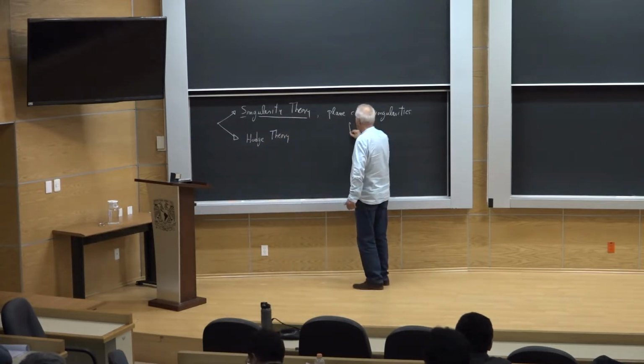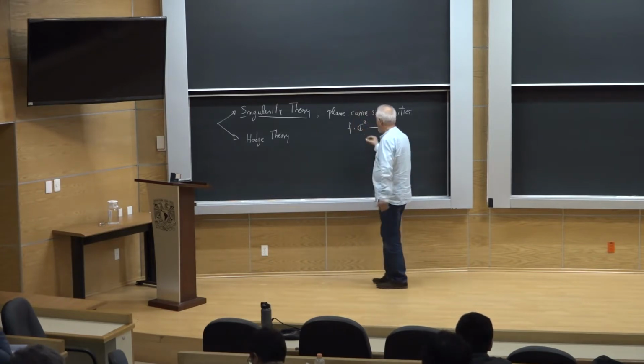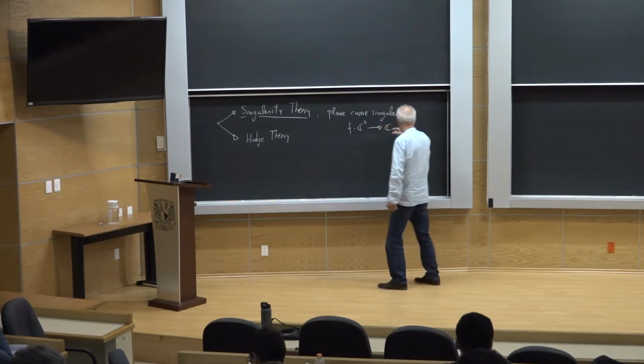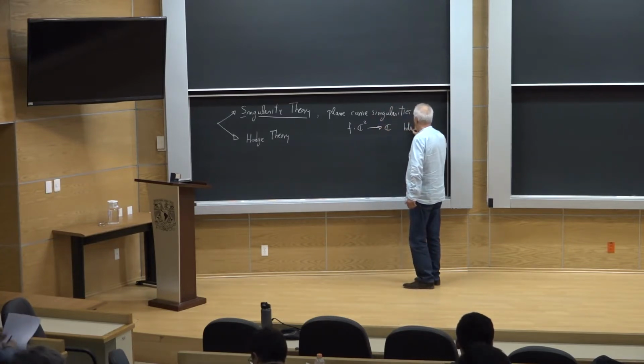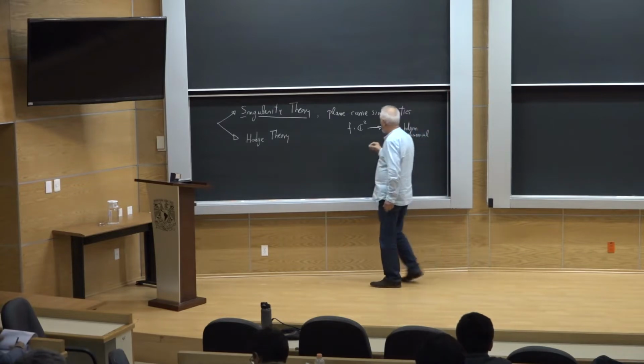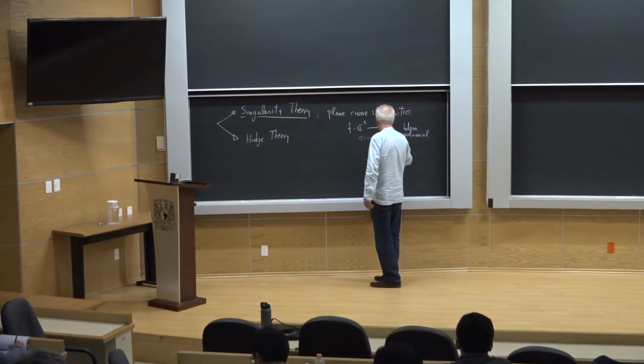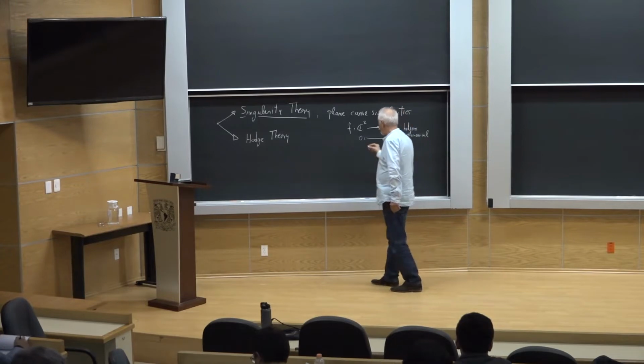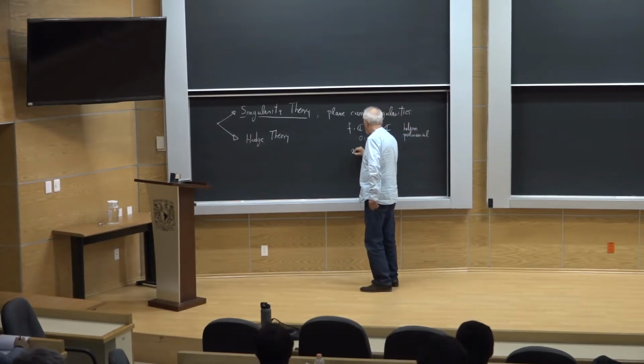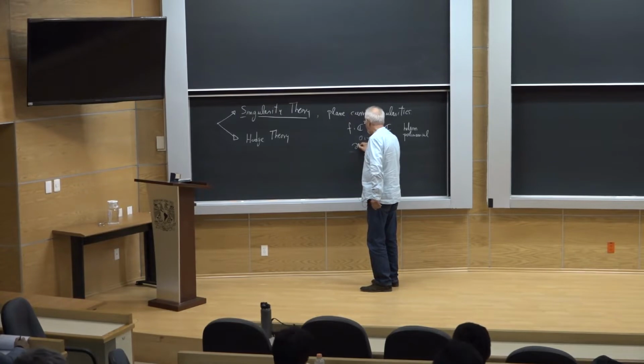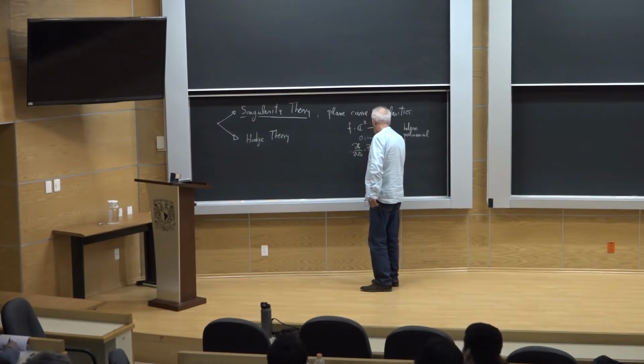So this means that we're going to have a function f from C2 to C, a holomorphic function, or we can think it's a polynomial, and it is sending 0 to 0, and we're going to look at it in a neighborhood. So we're going to think that the partial of f with respect to z0 is equal to the partial of f with respect to z1 is equal to 0.